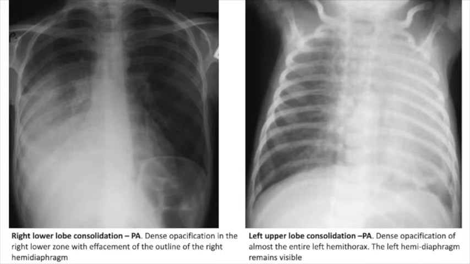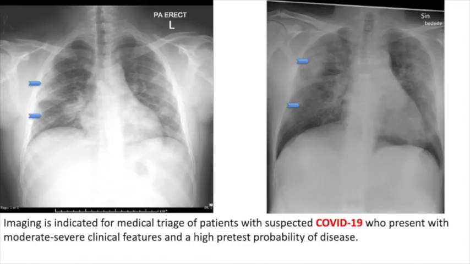Now, because we are in this pandemic with coronavirus, I drew this example in case of the triage of any suspected patient with coronavirus. The first thing to know: to request the chest X-ray, the patient has to have moderate to severe clinical features, with a higher probability of the disease.